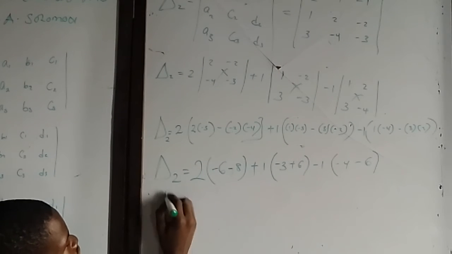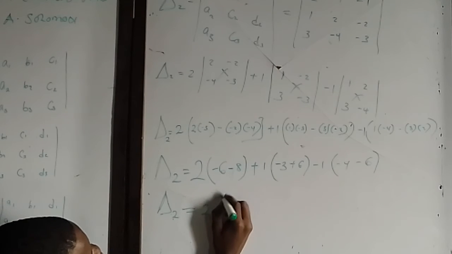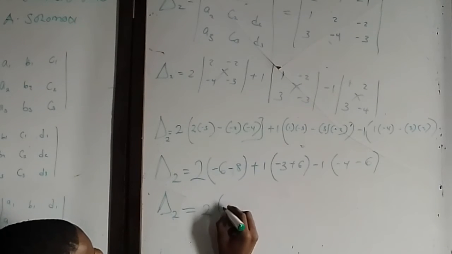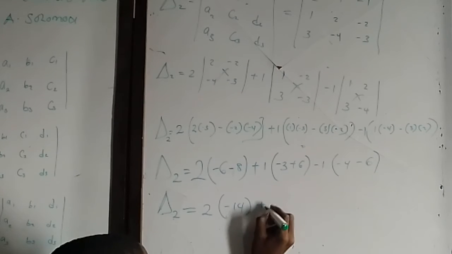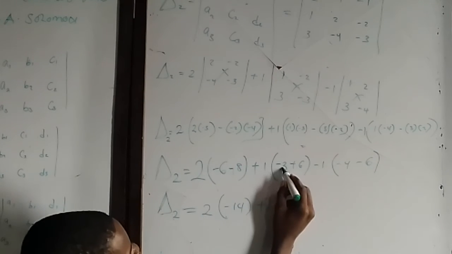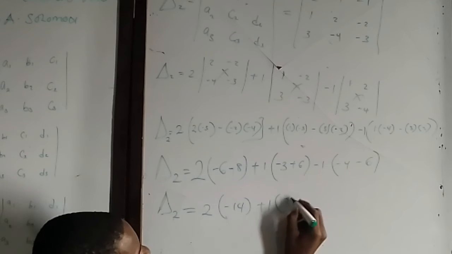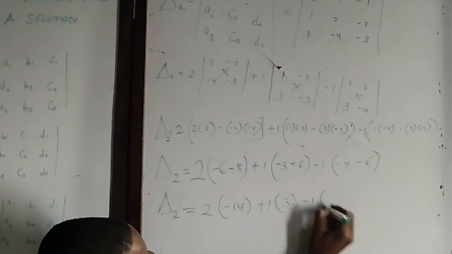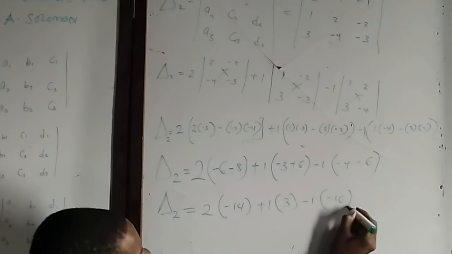So D2 is equal to 2 times minus 6 minus 8, which will give us minus 14. Then plus 1 times minus 3 plus 6, which will give us 3. Then minus 1 times minus 4 plus 6... minus 4 minus 6 will give us minus 10.